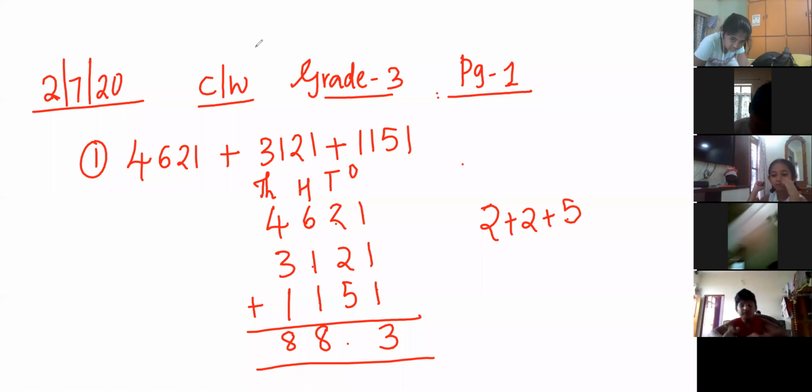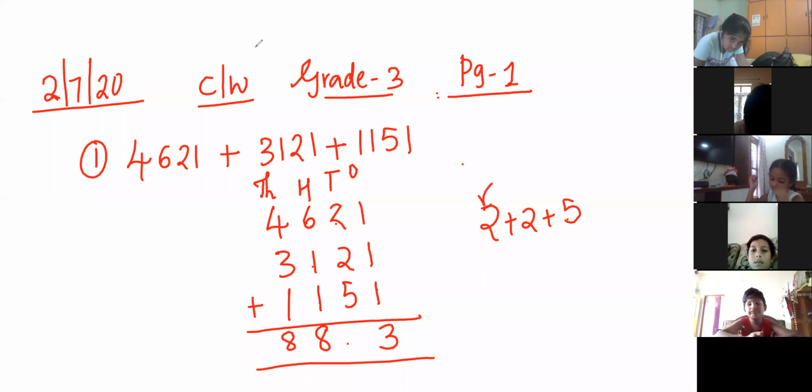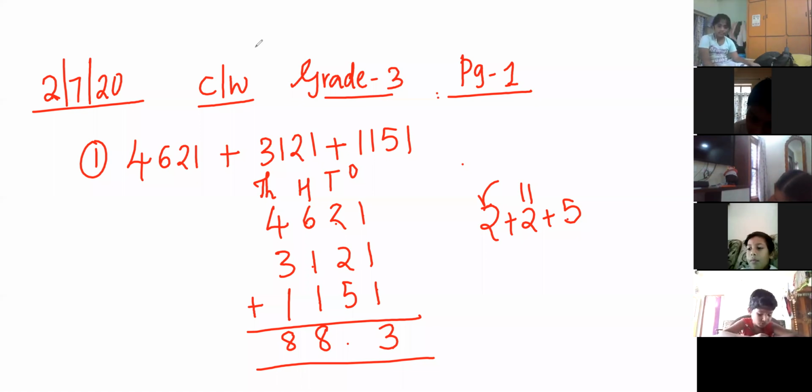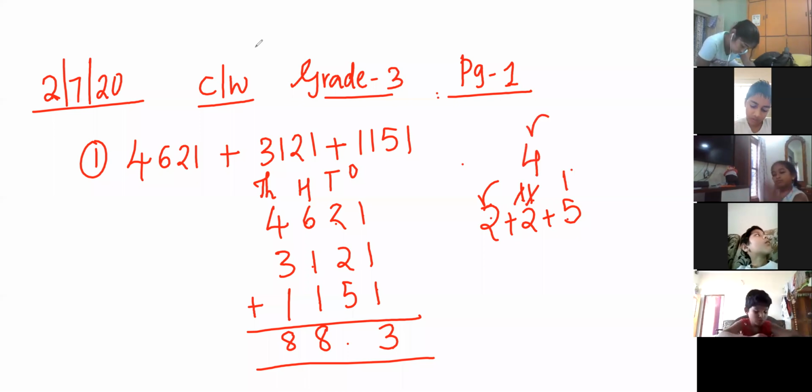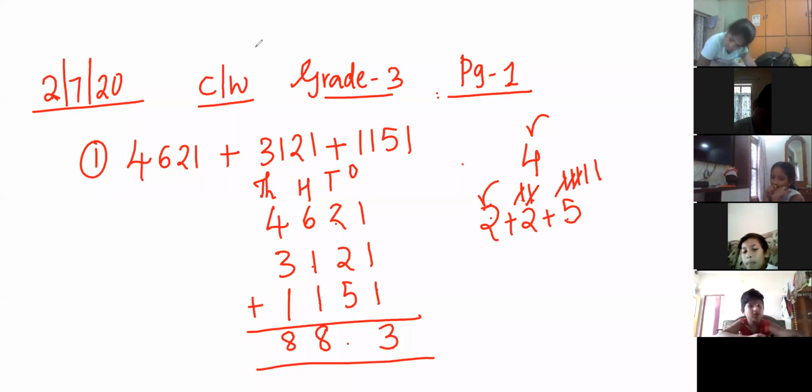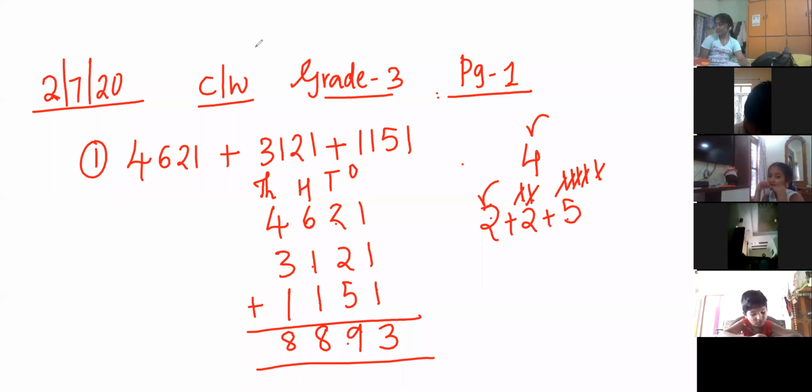Rub the number I have written in the tens place. See, keep 2 in the mind, 2 fingers open. 2 after 3, 4. Now again keep 4 in the mind, 5 fingers open. 4 after 5, 6, 7, 8, 9. It's 9 here.